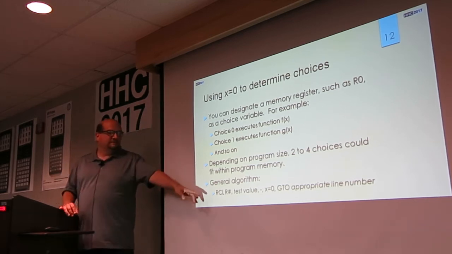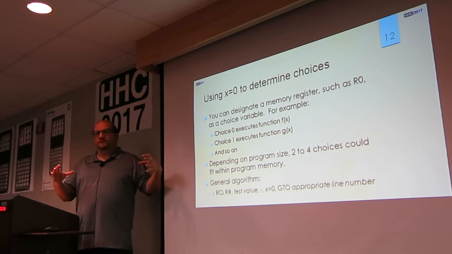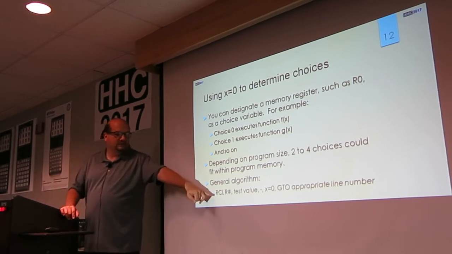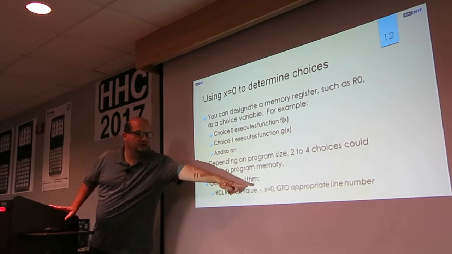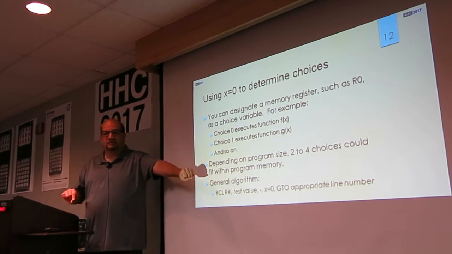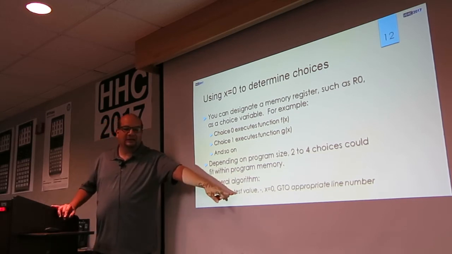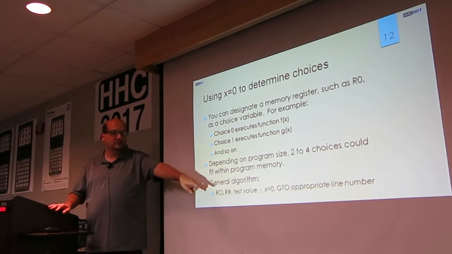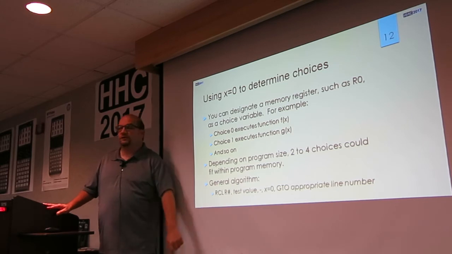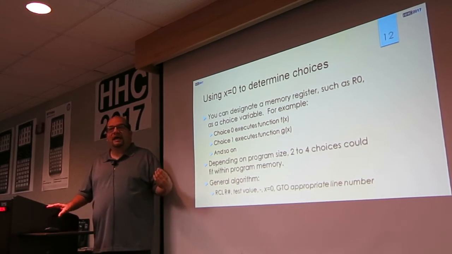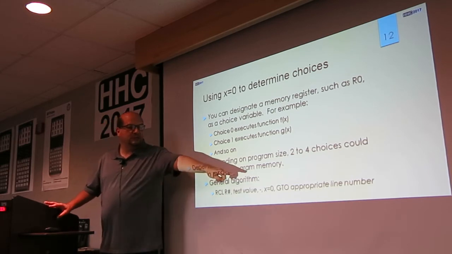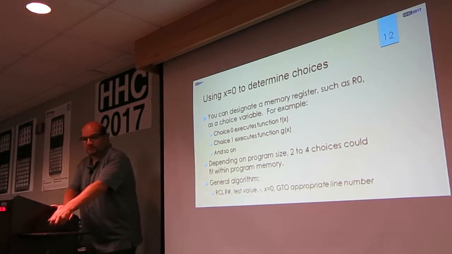So at the beginning of the program, I recall the test register, take the test value. If it's 0, then I can go straight to the x equals 0 test. If not, I can put 1 or 2 or whatever number, subtract, then invoke the x equal to 0. And if that is true, go to the appropriate line number.